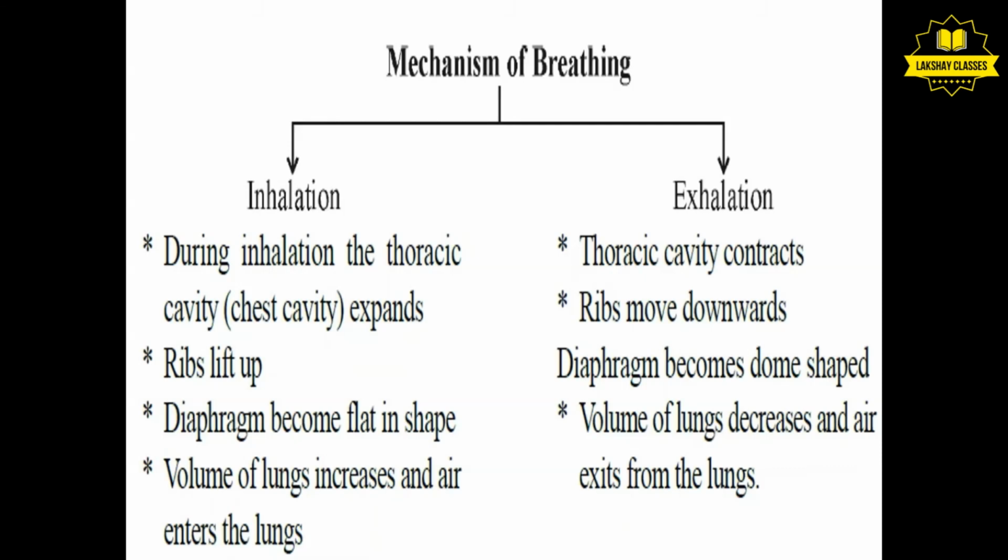When our lungs expand, air rushes into our lungs. During exhalation, the diaphragm goes back to its original position, the ribs come back to their original position, the cavity gets reduced and the air rushes out of the body, right? So this is how inhalation and exhalation take place in our body.